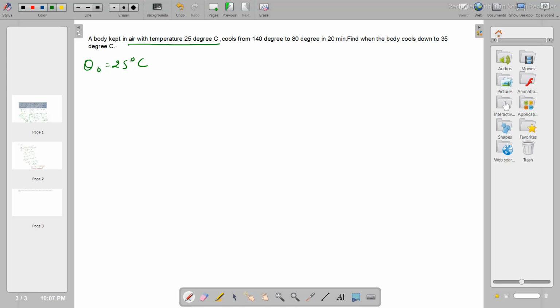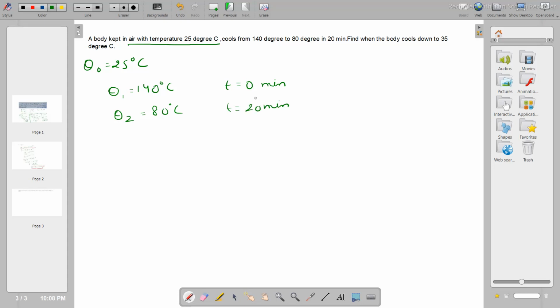The question is also saying that theta 1 is equal to 140 degrees Celsius originally, and it reduced to theta 2, 80 degrees Celsius, in 20 minutes.